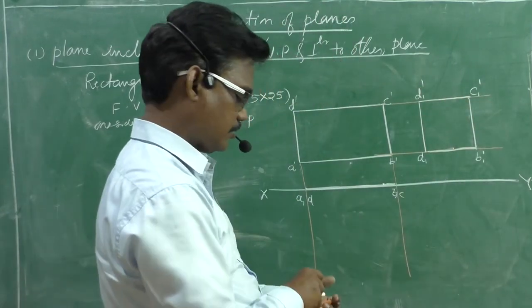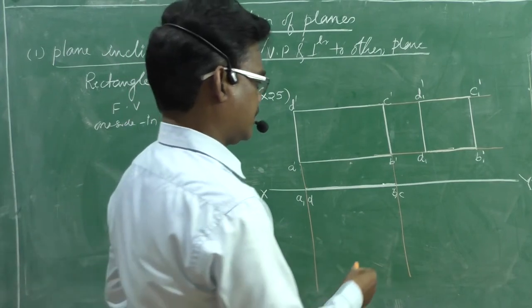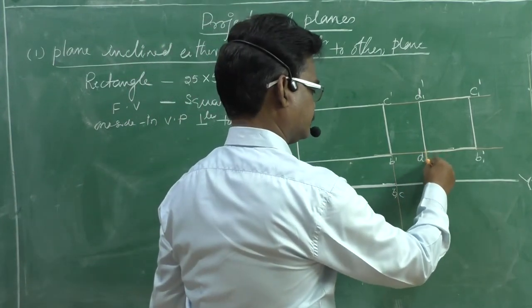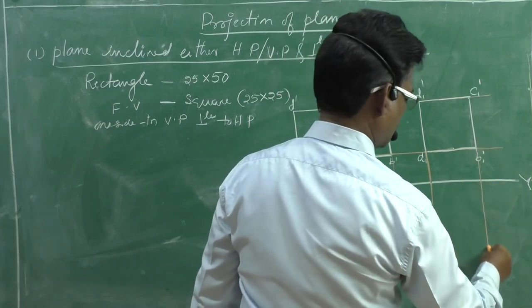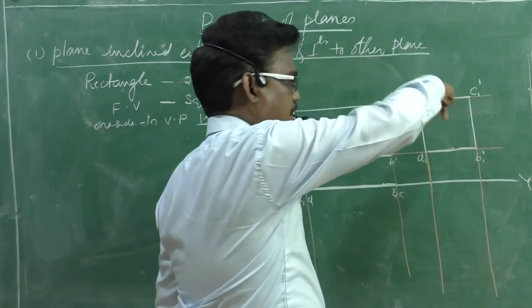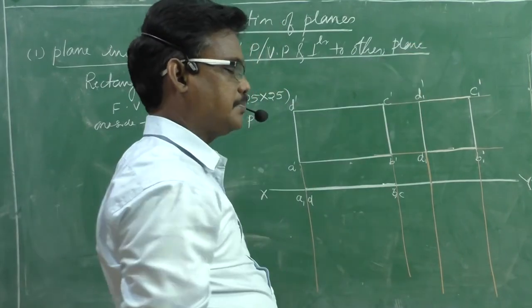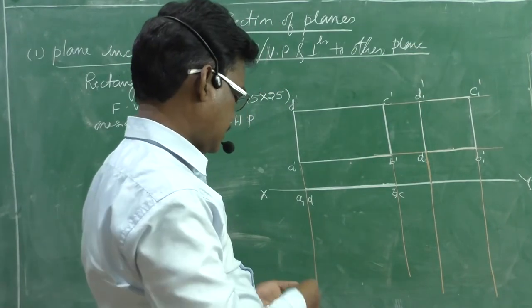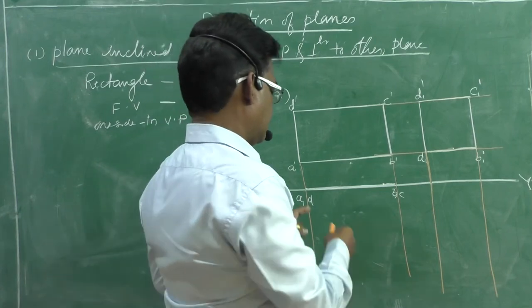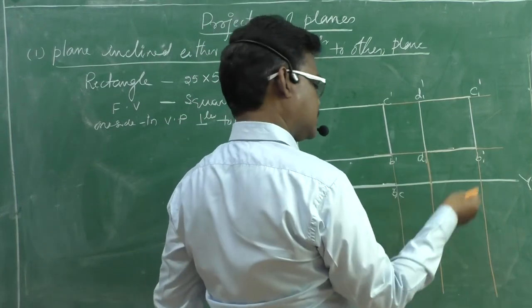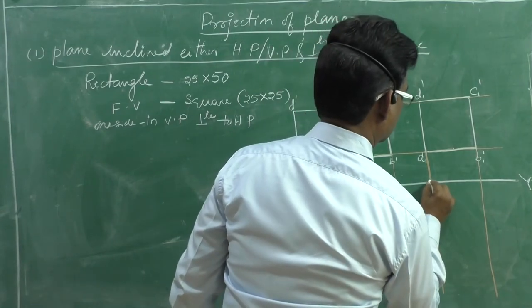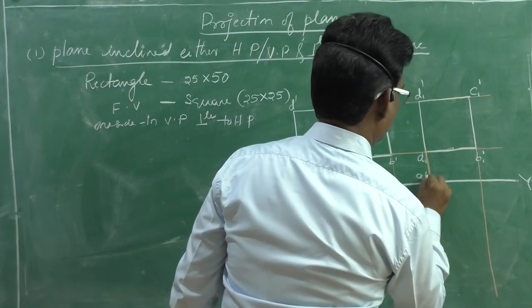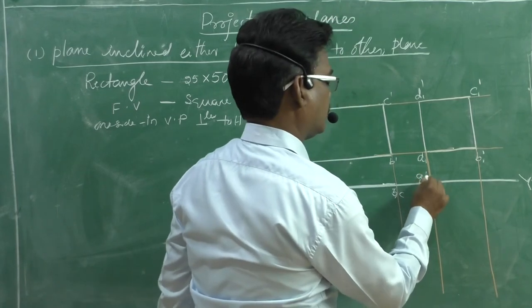Now project it downwards, and we can see the inclination with VP in the top view very clearly. Now this AB, AD is in the VP, so its projection is here only. This is A, D, A1, D1.